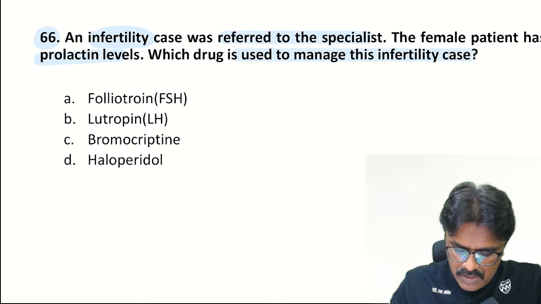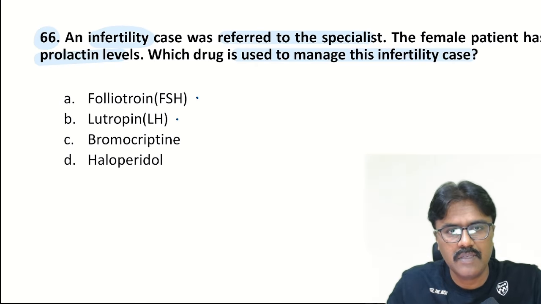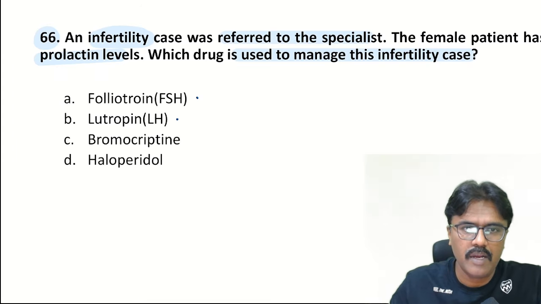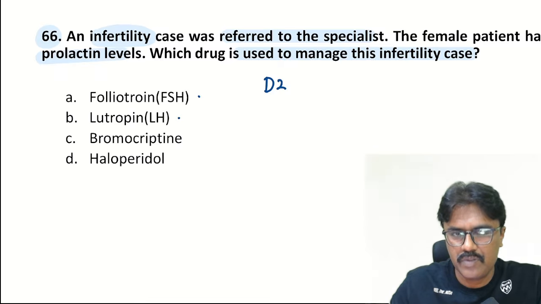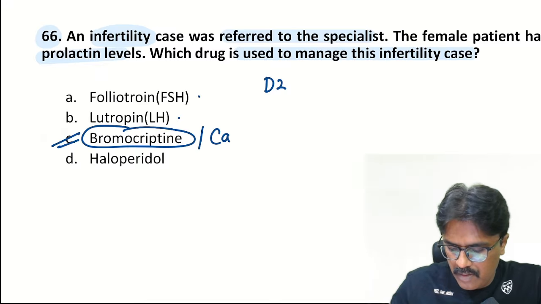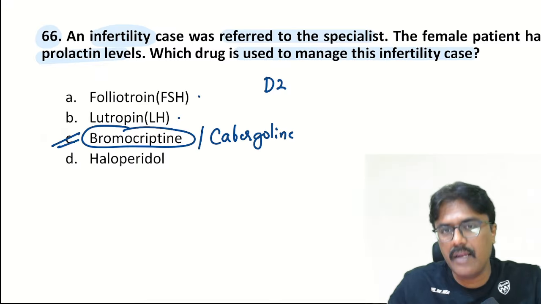Follitropin is FSH, lutropin is LH, but the problem is not decrease in FSH, LH, it's prolactin. How to decrease prolactin? You have to stimulate D2. So the drug which can stimulate D2 is bromocriptine. So either we give bromocriptine or cabergoline to decrease prolactin levels in this lady.